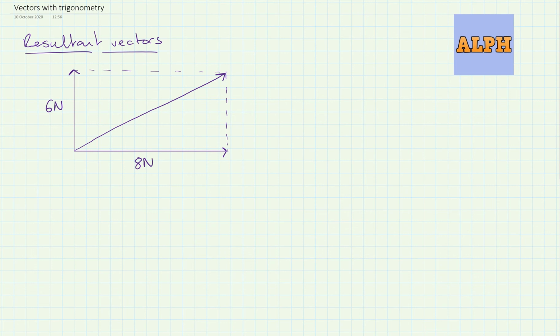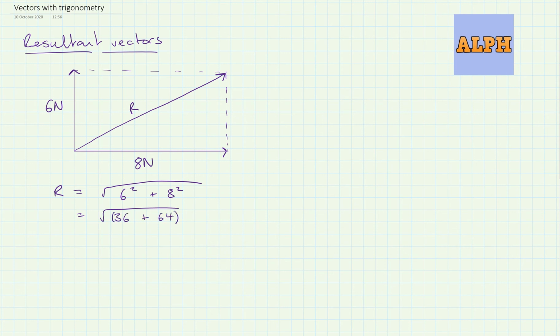So when I combine those two vectors, the 6 and 8 newton vectors, we end up with an arrow that looks like that. We're going to have the size of my resultant vector, let's call it R. We can use Pythagoras, so R is the square root of 6 squared plus 8 squared. So let's go with root of 36 plus 64.